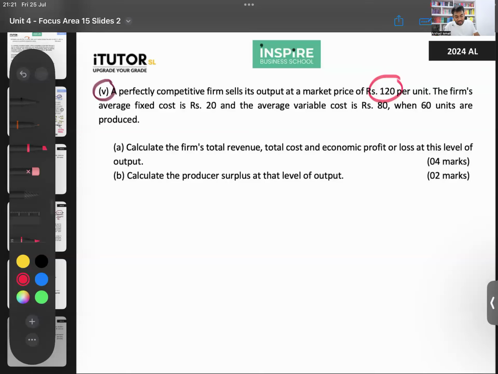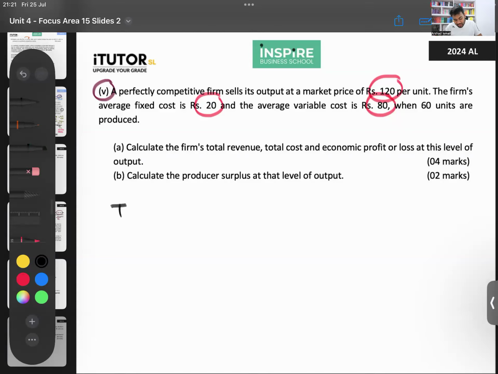The firm's average fixed cost is 20, and average variable cost is 80, when 60 units are produced. Why specifically a VC curve? Because the cost of raw materials is variable cost. Calculate the firm's total revenue, total cost, and economic profit or loss. 4 marks. Put the pen down, you can do it now.